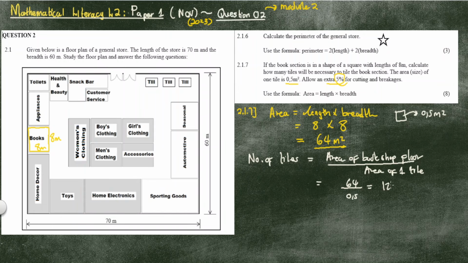I'm getting 128. So this is 128 tiles that will be required.